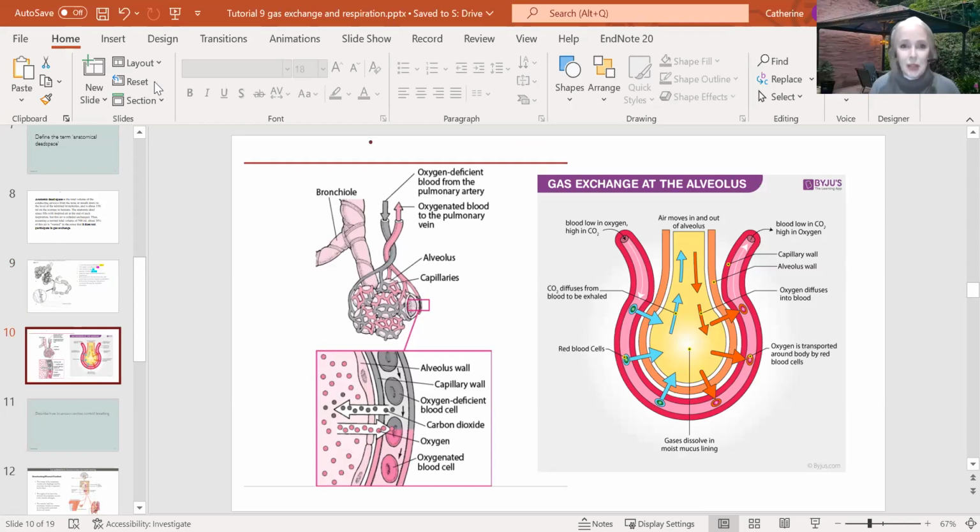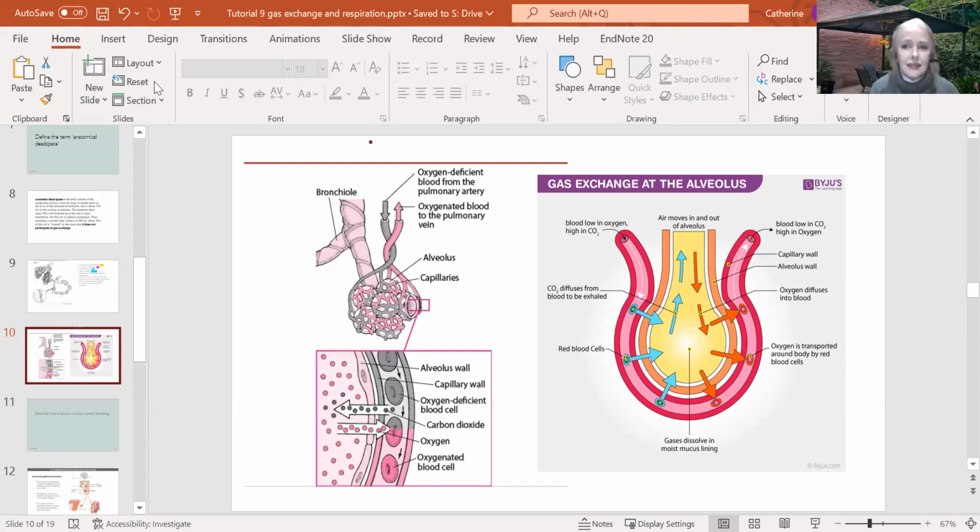Okay, so a little bit of extra there. That's just to show you what's going on. So obviously oxygen and carbon dioxide moving into the alveoli, oxygen moving out of the alveoli and into the blood, because that's the whole point. You need oxygenated blood to get around. On the right-hand side as well, there's another infographic.